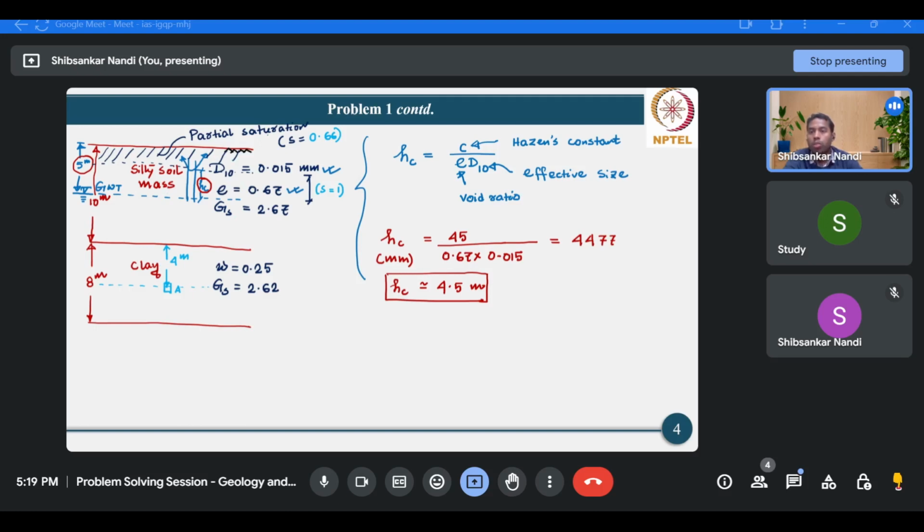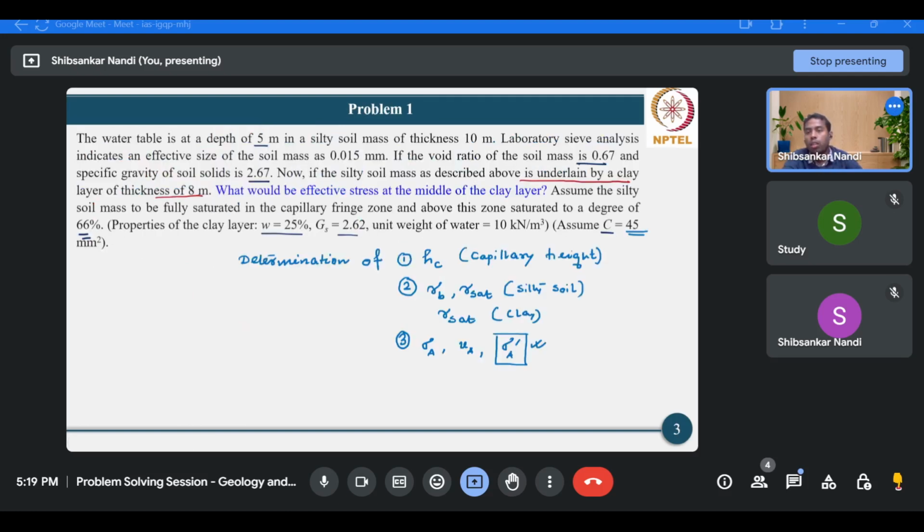Now, how much portion is under complete saturation, that we have already determined through the calculation of capillary fringe zone, and the remaining portion will be under partial saturation. Partial saturation in the sense saturation to a degree of 66% as mentioned in this problem statement. Okay, so our first step is done.